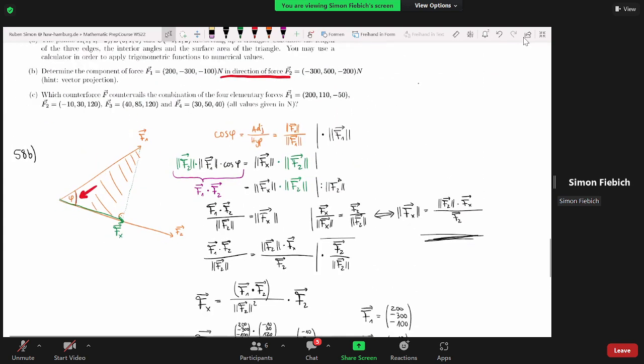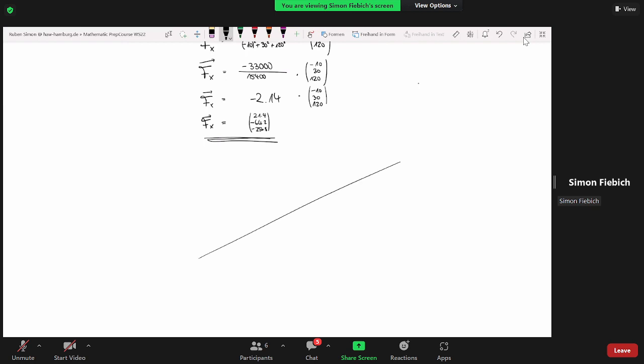For example, if there's something like a hill or a mountain, and you have a car or a bike riding on this tilted surface of the hill.